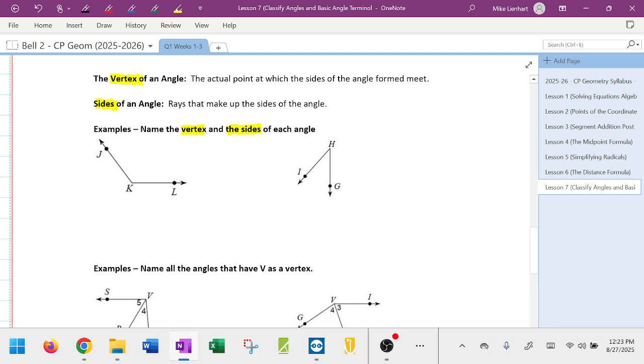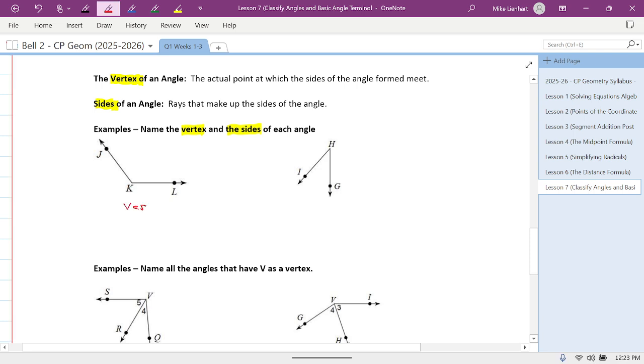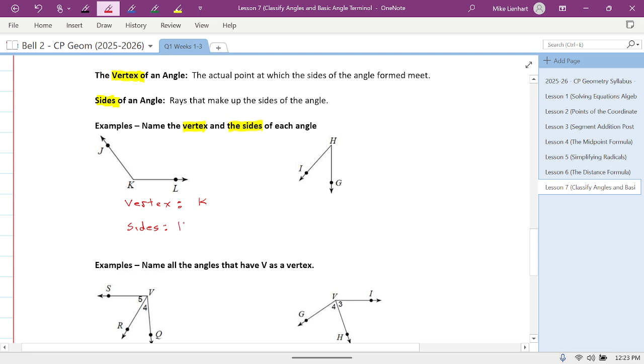So, for the vertex, all that I'm going to do is name a point, K. For the sides, I know I have to name these rays, so I'm going to call it ray KJ and ray KL. Remember, when naming a ray, we have to start with the endpoint, include a point that it passes through, and it must have the symbol on top of it.